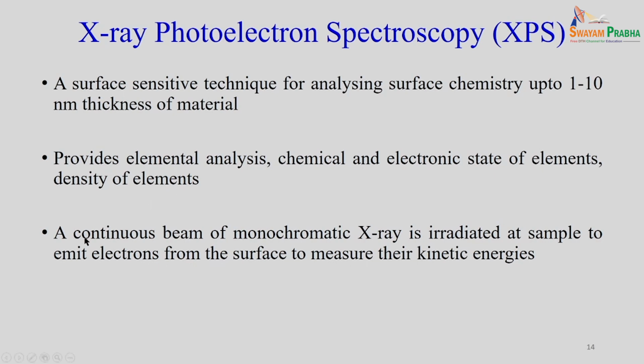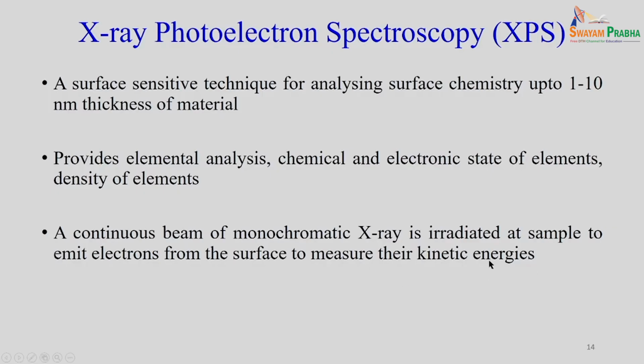In case of XPS, a continuous beam of monochromatic X-ray is irradiated on the sample, and because of this electrons are emitted from the surface. This emission of electrons depends on what happens at the surface, which ultimately depends on the property or composition of the surface.